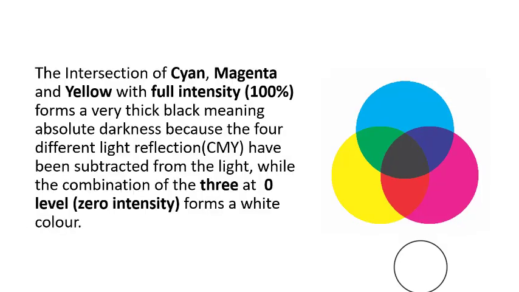The intersection of cyan, magenta, and yellow with full intensity, as 100%, forms a very thick black, meaning absolute darkness, because the three different light reflections, cyan, magenta, yellow, have been subtracted from the light, while the combination of the three at 0 level, 0 intensity, forms a white color.